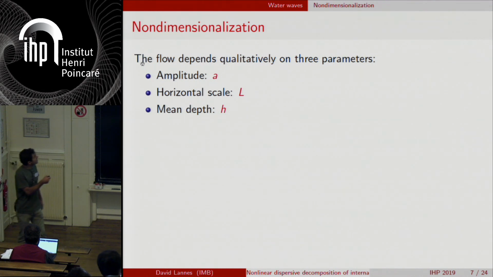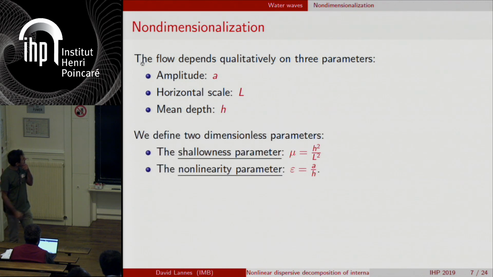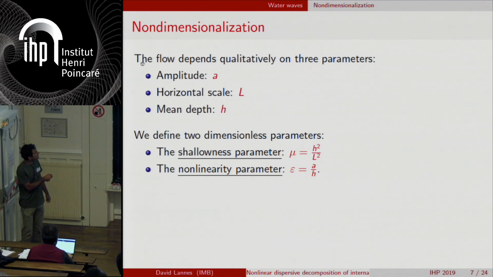So you have three different parameters from which you can create two dimensionless parameters. I will call mu the shallowness of the fluid, so it's the ratio of the depth over the horizontal scale, squared. So we are in shallow water if mu is small.